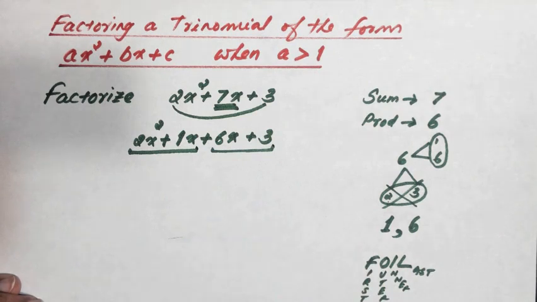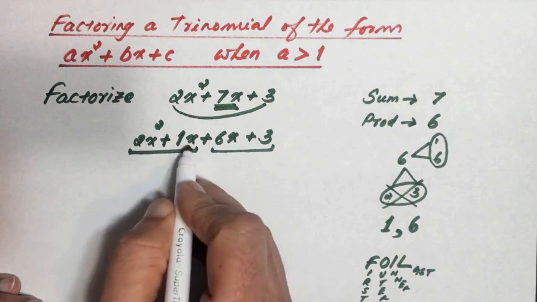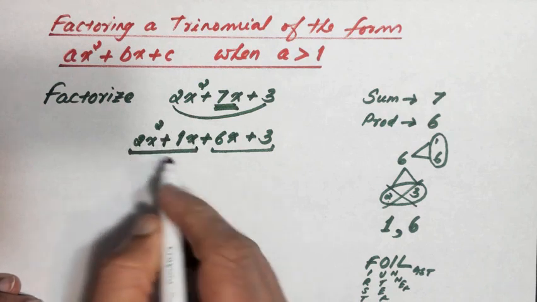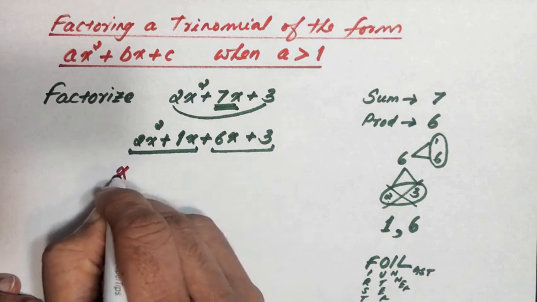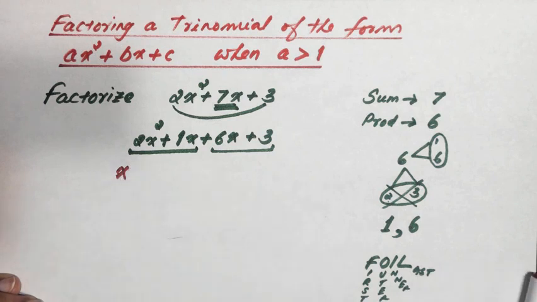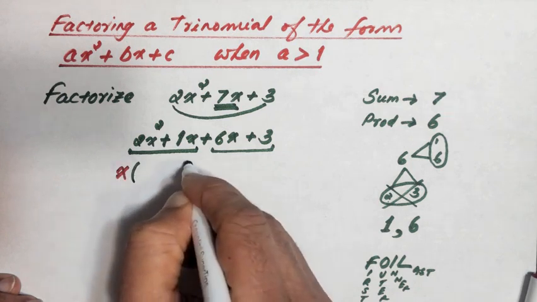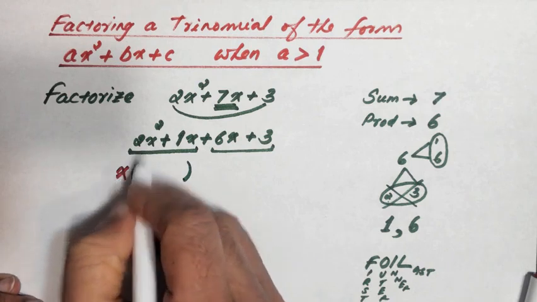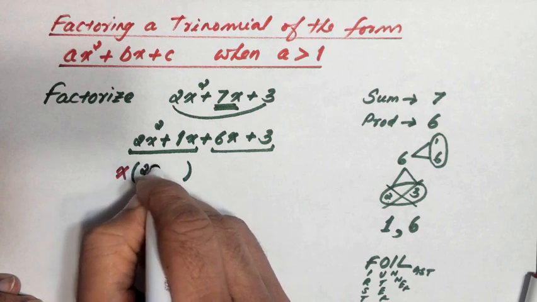When you group the first two, what is the common factor between those two? We have 2x squared here, and we have 1x. In both these terms you can find x as the common factor. When you take the x out of the two terms, what will be left? x multiplied by something gives you 2x squared, and that is definitely 2x.